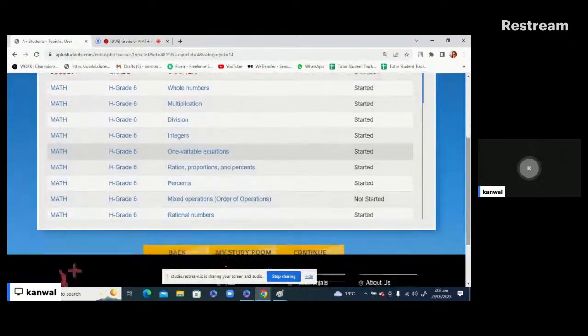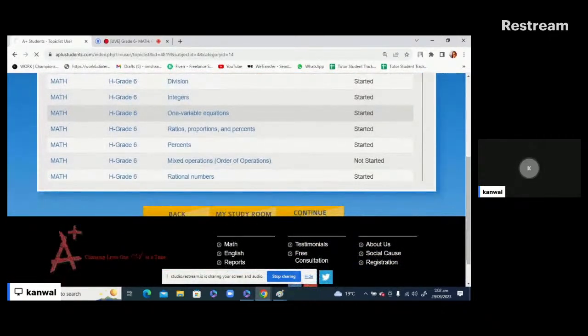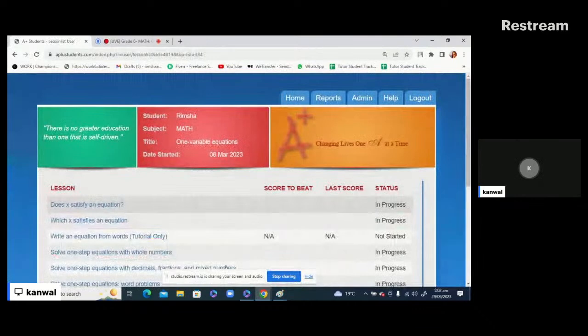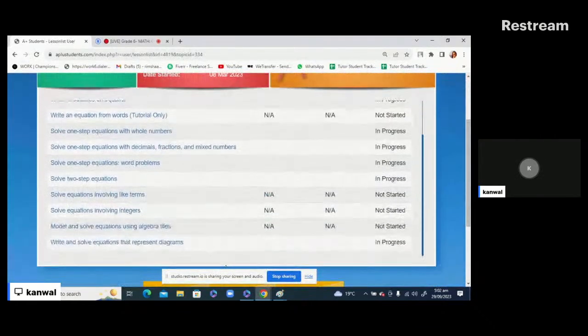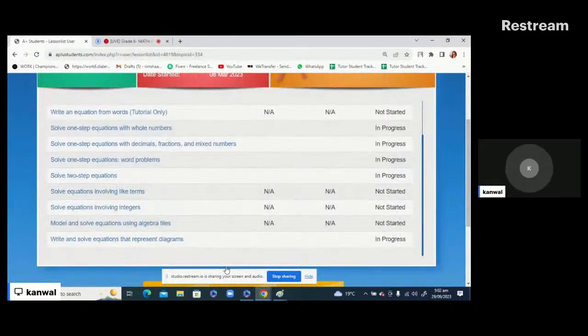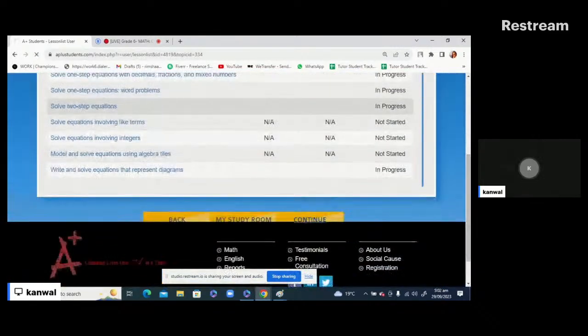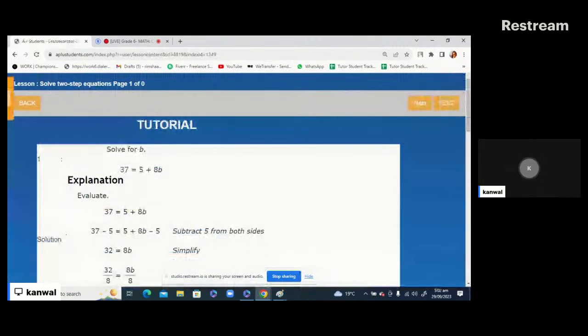Here is the one variable equations, and then there is solve two-step equations. Okay, so this is the first topic that we discussed. Solve for b.